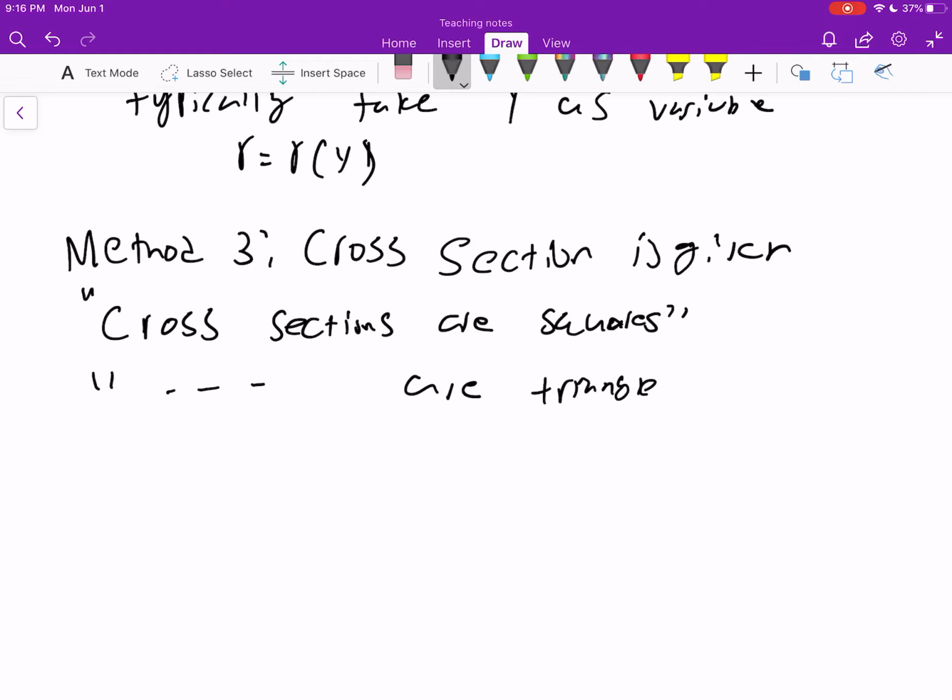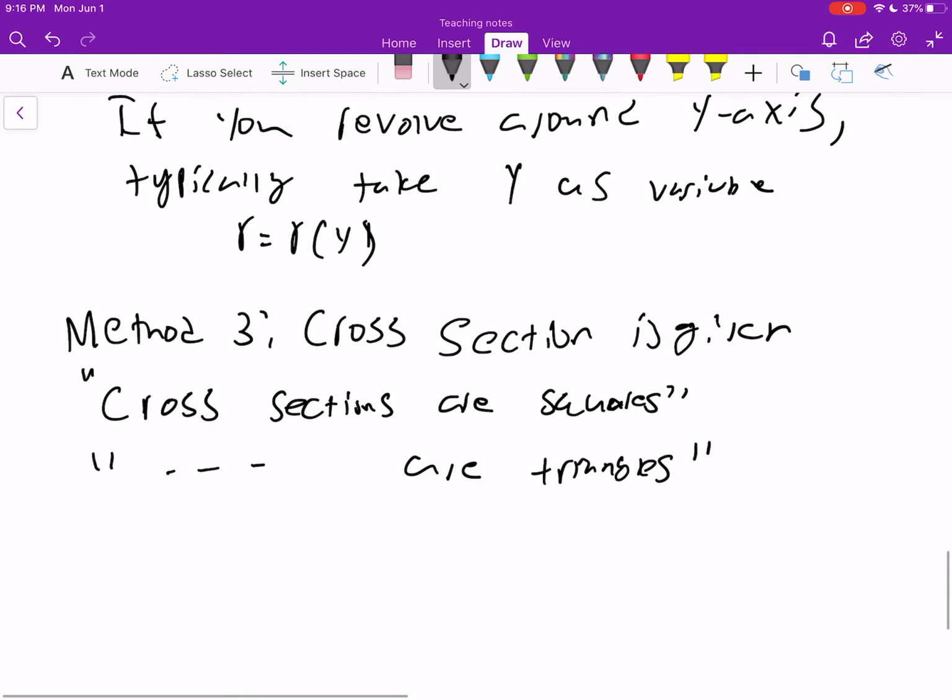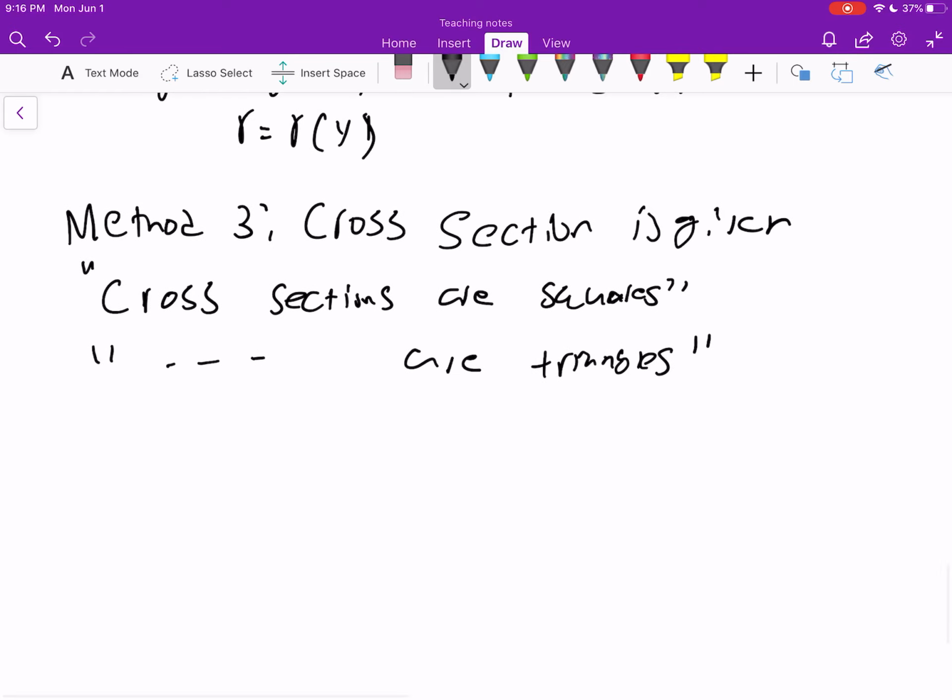So they tell you what the cross section is. And then your cross sectional area, you'll just write down, if it's a square, it's going to be the length squared. If it's a triangle, it's 1/2 the base times the height. And then you figure out those quantities in terms of the things you know.